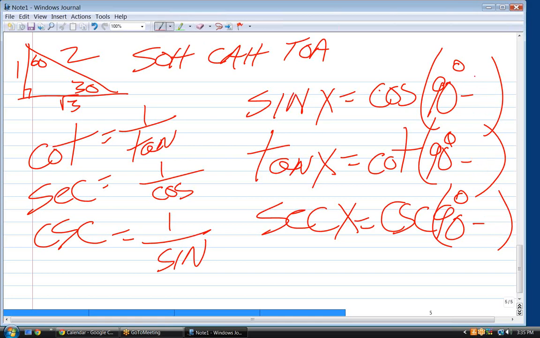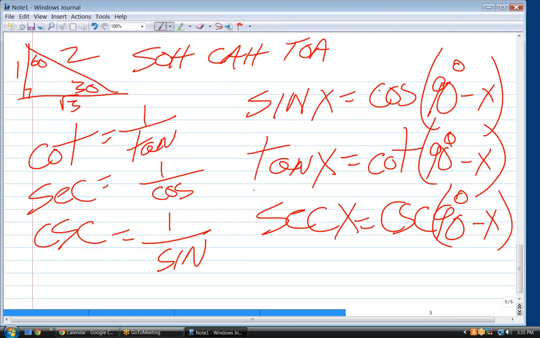X. In other words, if I said, what is the sine of 30 degrees, we know that has to equal the same thing as the cosine of 60 degrees. And it does. They're both equal to 1/2. If I said 29 degrees, then that's going to equal the cosine of 61 degrees. So that's a fairly important property.